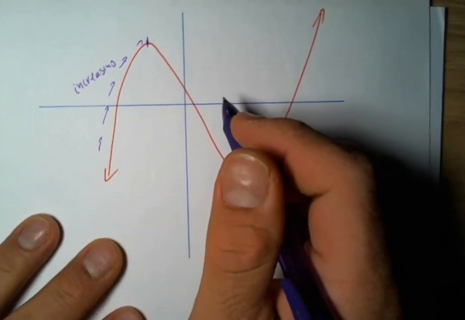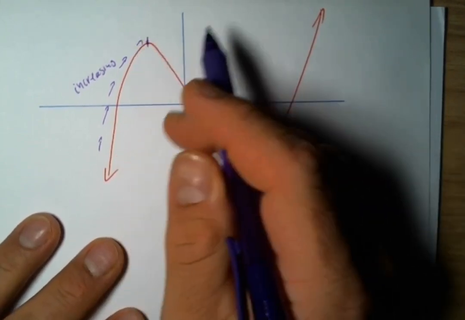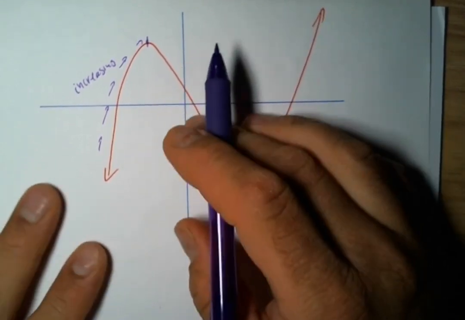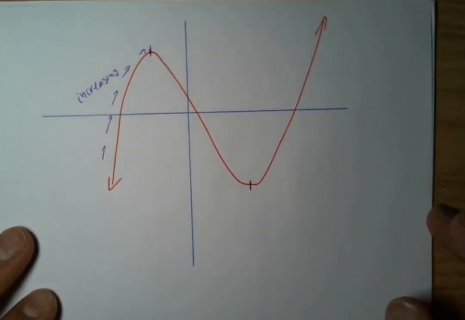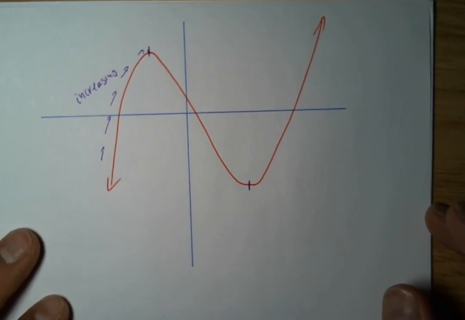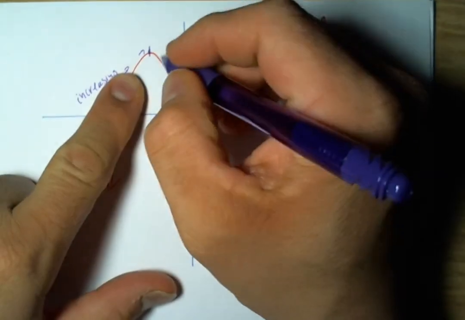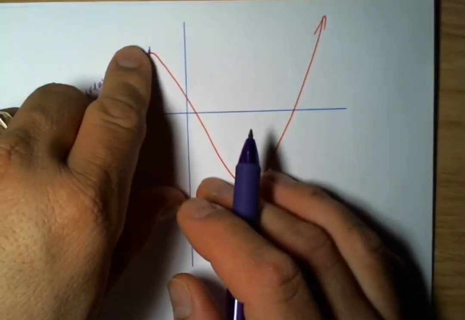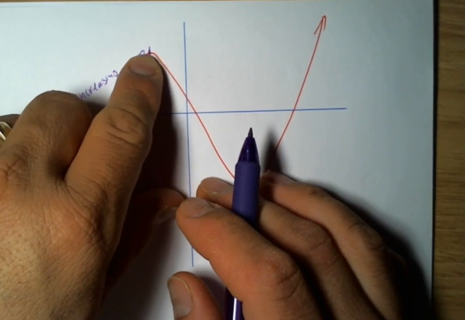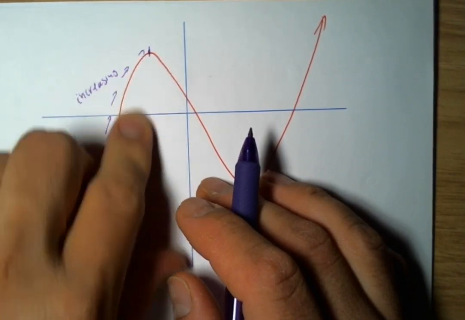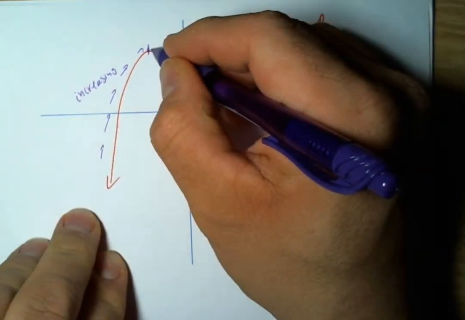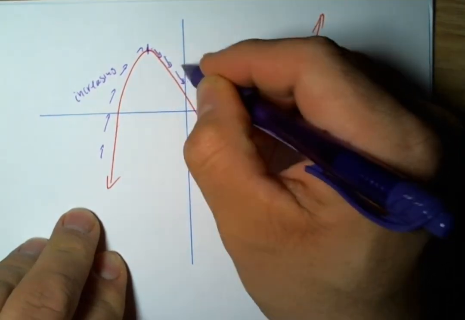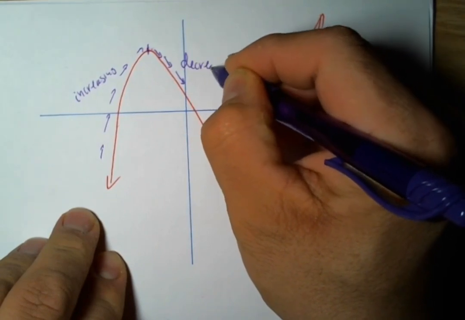We keep using this term nearby, and we don't strictly define that. When we get to calculus, we'll have a more rigorous definition of what it means to be near. But the point is that it reaches a max nearby where this point is higher than any point near it. After that, it's no longer increasing. Now we're on the way down in our roller coaster ride, and it starts to decrease.